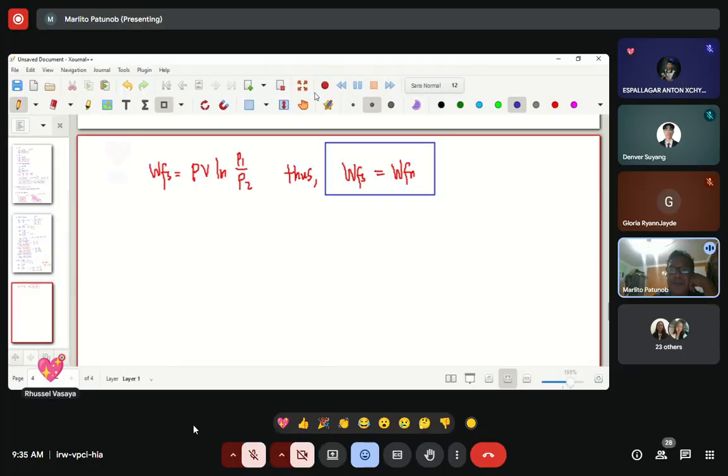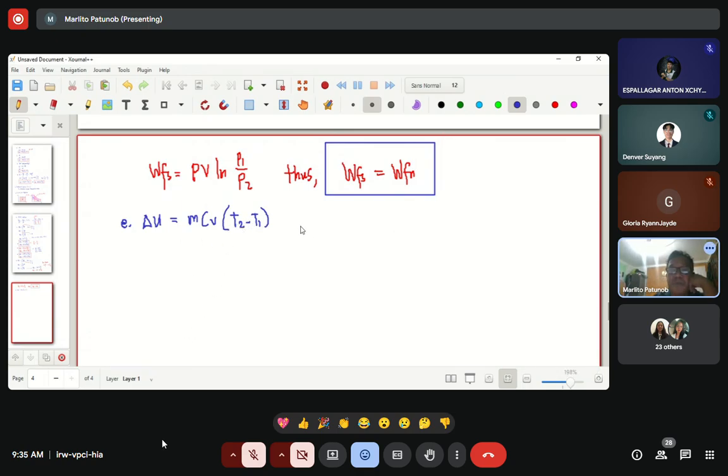Then we have letter A. We have the delta U. The delta U is MCB T2 minus T1, which can be either ordinary or absolute.